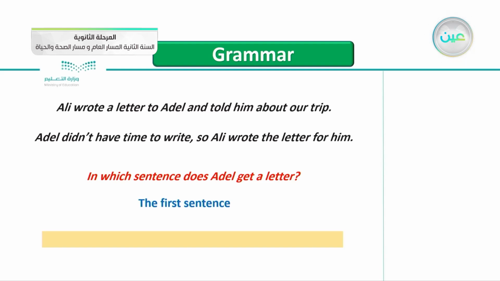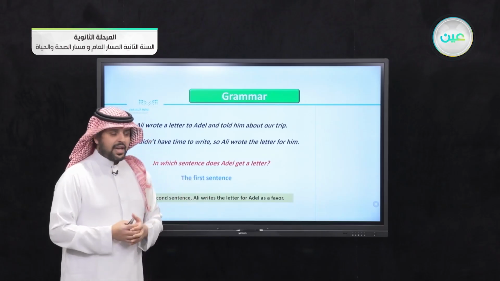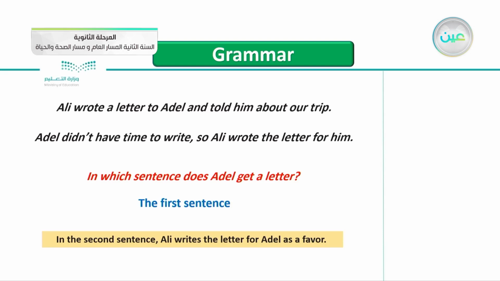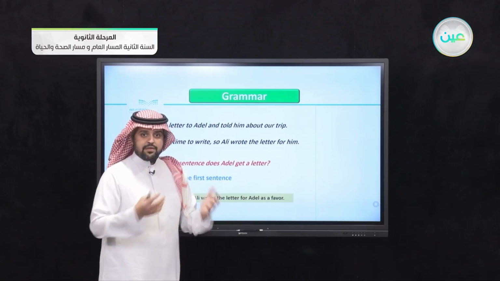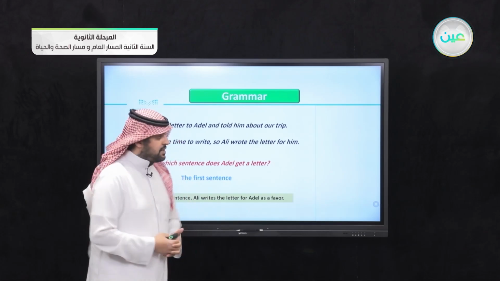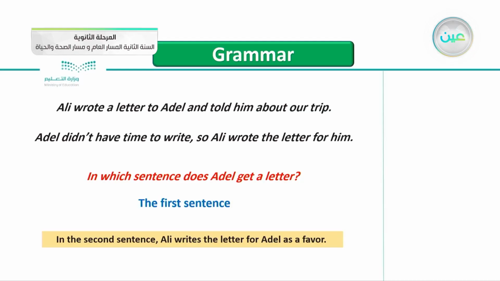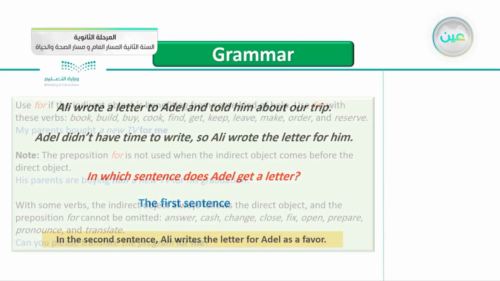The letter was sent to Adil and told him about our trip. In the second sentence, Ali writes the letter for Adil as a favor, because maybe Adil is busy, so he asked Ali to write the letter for him as a help, instead of him. So this is the use of the preposition for.